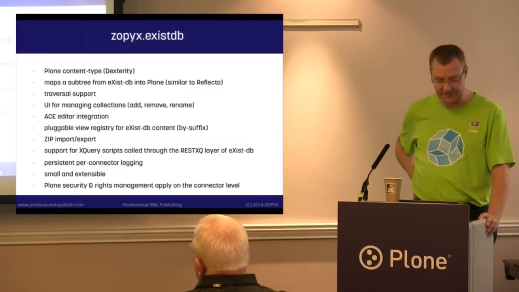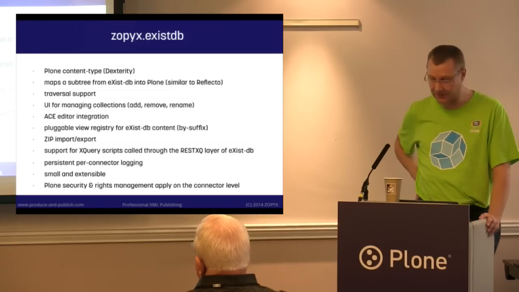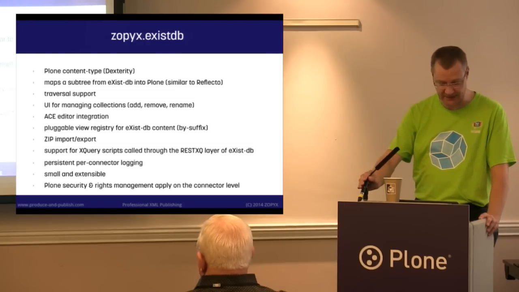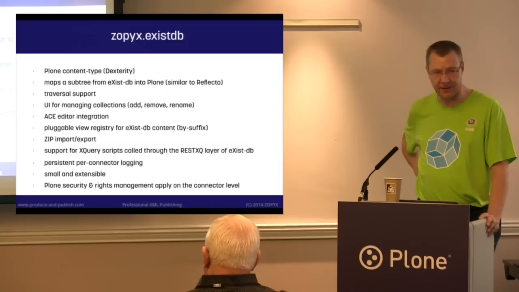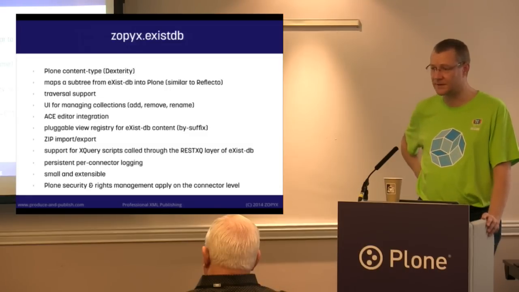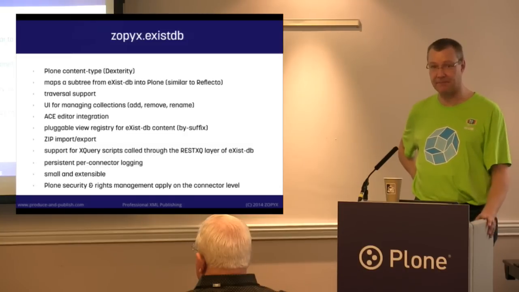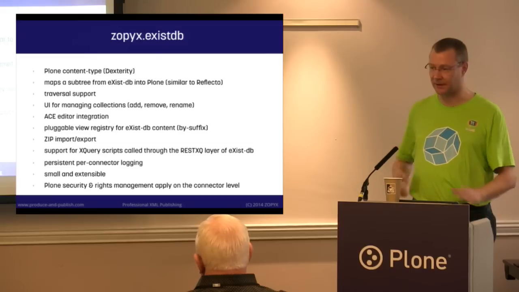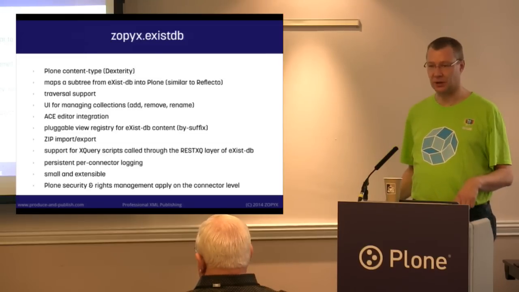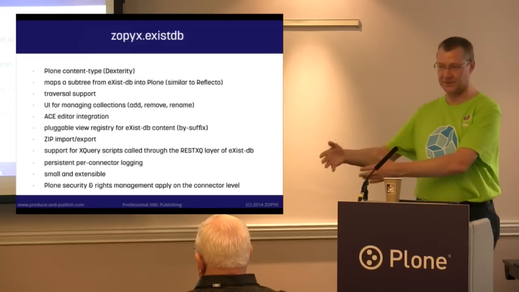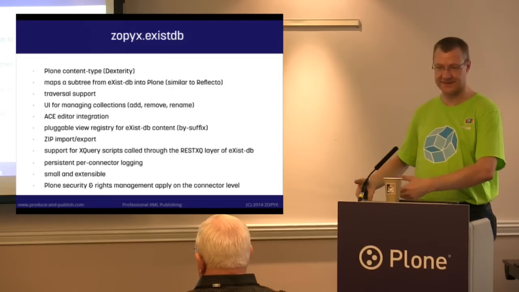Though the connector is basically a very tiny set of Plone content types based on Dexterity, and perhaps you can compare it to Reflector. Anyone using or knowing Reflector from Plone? Reflector is something similar where you can map a file system path into Plone. Let's say you have a large collection of videos or images on the file system, and you don't want to import the stuff into Plone.